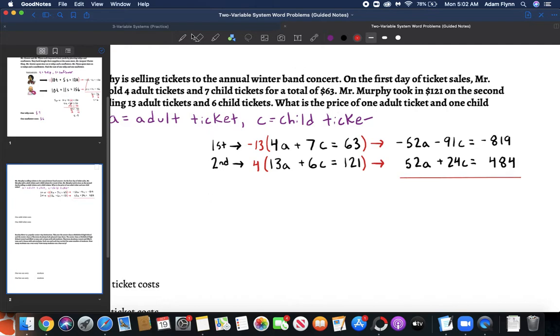Okay, so I am ready to eliminate my a. Now I've got negative 91 plus 24, which is going to be negative 67. And then can't forget my c. And then I've got negative 819 plus 484, which is negative 335.